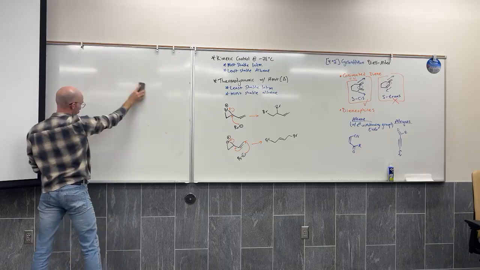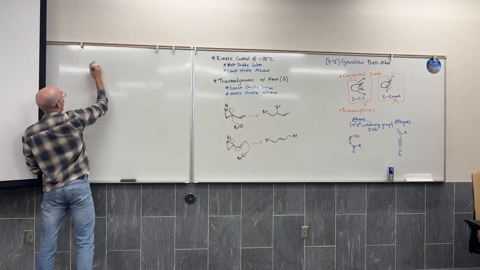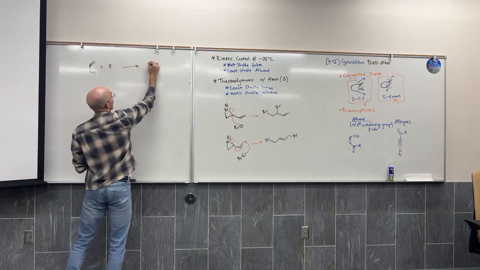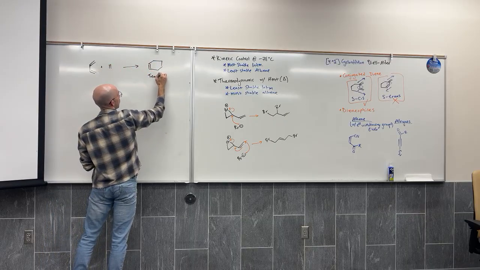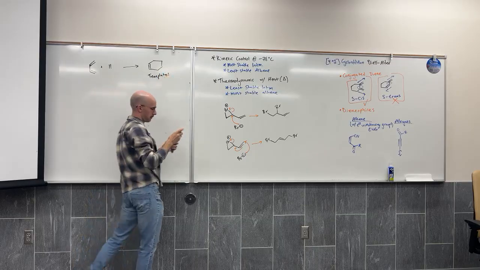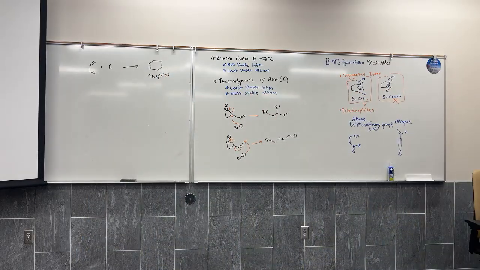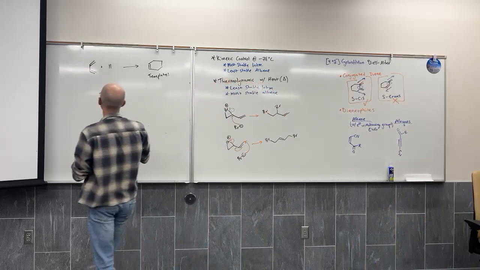Now, without fail, the Diels-Alder reaction will always produce a cyclohexene template. And this is a mechanism we've seen. We actually practiced on this one.